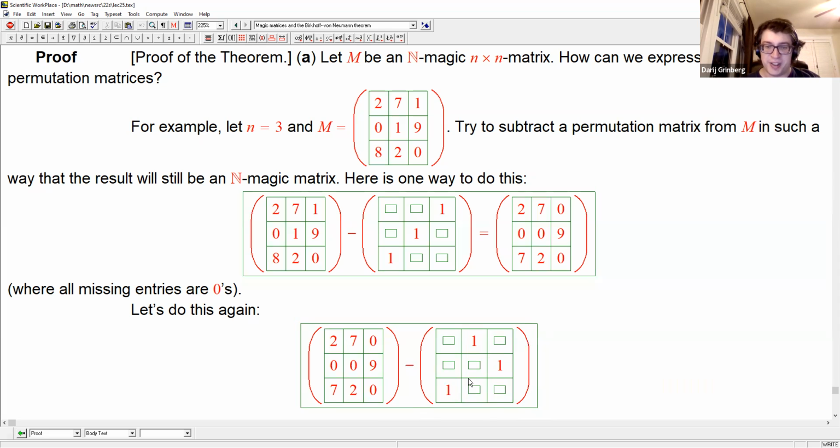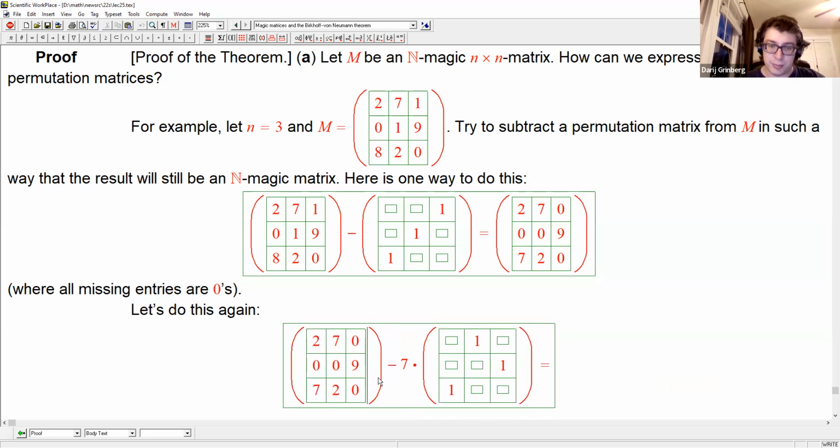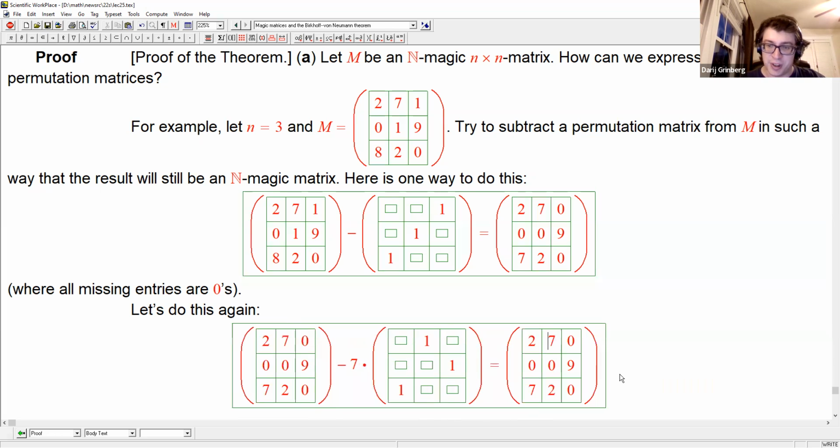Okay, but even better, instead of subtracting it only once, let's fast forward. Let's subtract it 7 times, because all of those entries are at least 7. So even if you subtract it 7 times, they will still not be negative. So now we have to subtract the 7 from each of them, and you're getting this.